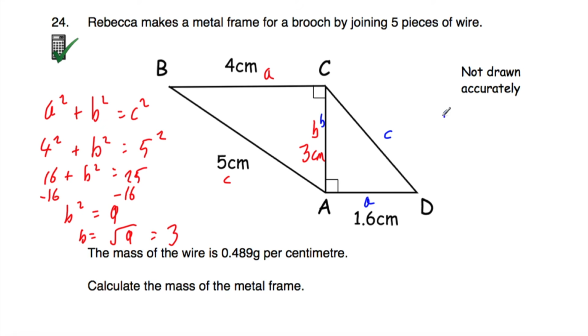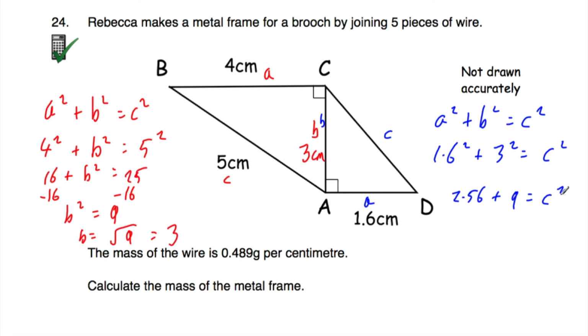So let's write down Pythagoras' theorem again. A squared plus B squared is equal to C squared. So A, that's 1.6, so 1.6 squared, plus B squared, that's 3 squared, is equal to C squared. 1.6 squared is equal to 2.56, plus 3 squared is 9, and that's equal to C squared.